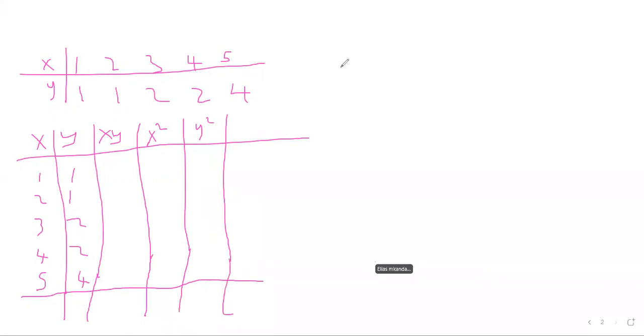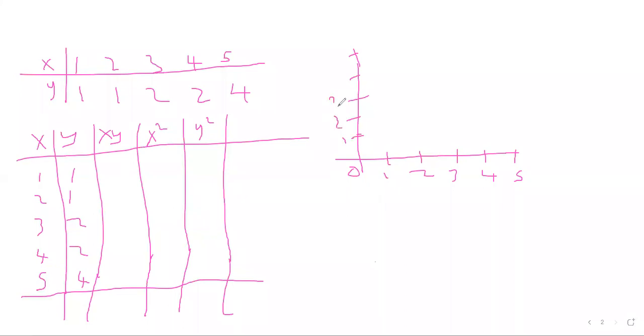So how do we sketch? We have 1, 2, 3, 4, 5 on each axis, starting from 0.